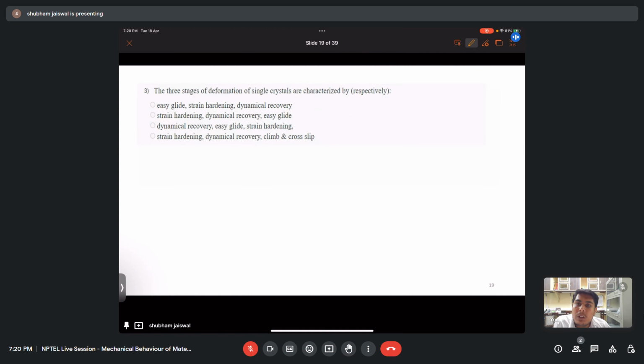The three stages of deformation of single crystals are characterized by. So what are the three different stages observed in the single crystal deformation?